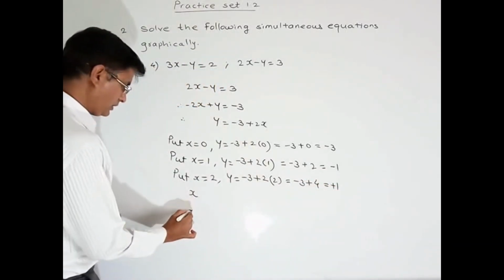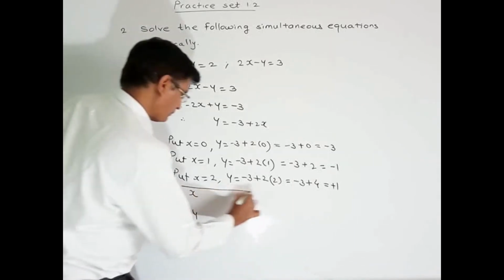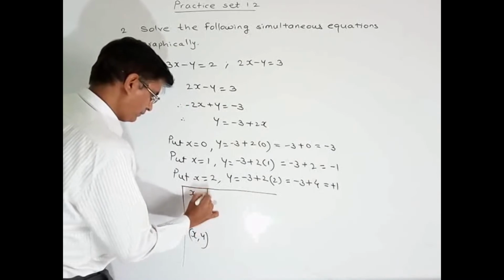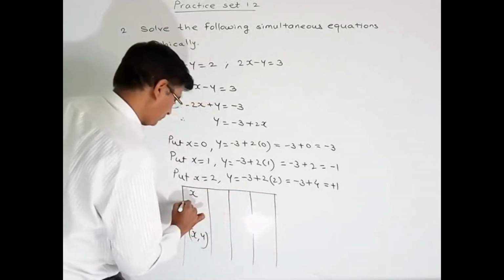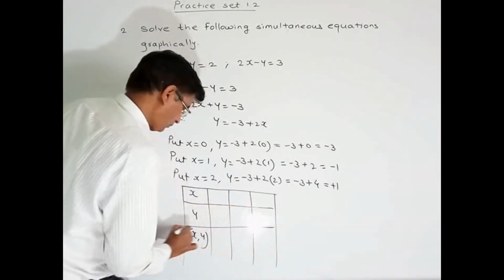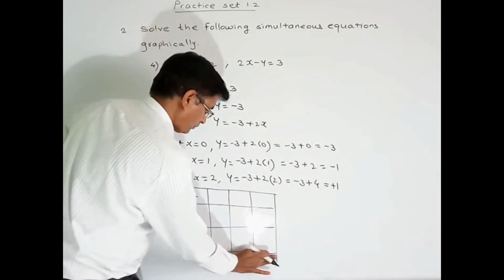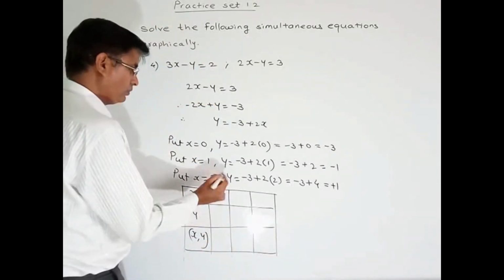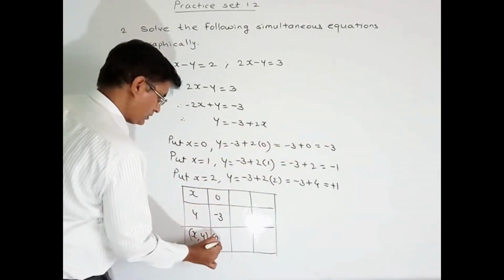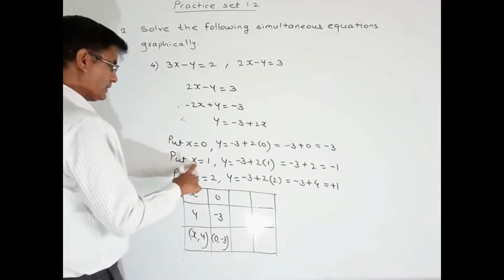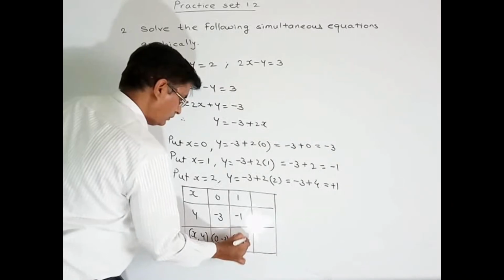So I will draw the table x, y, x comma y. So x is equal to 0, y is equal to minus 3, the first ordered pair is 0 comma minus 3, second is 1 and minus 1, 1 comma minus 1.